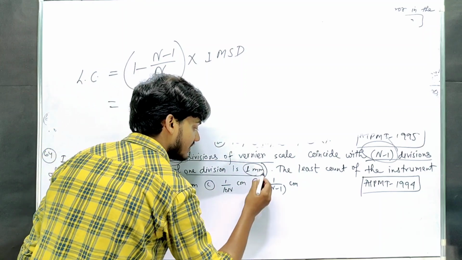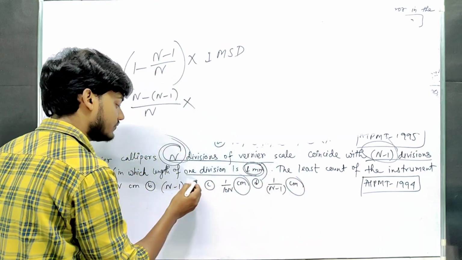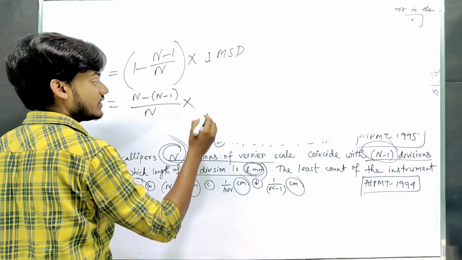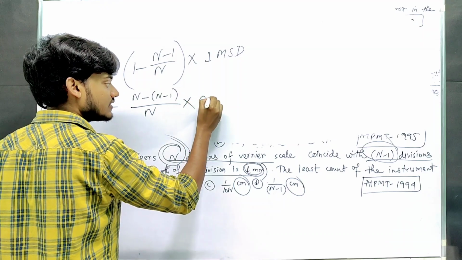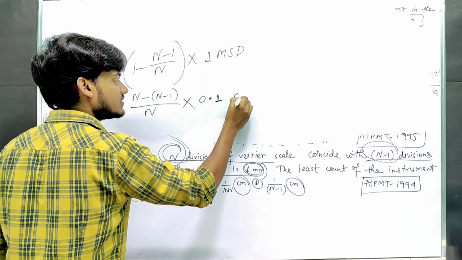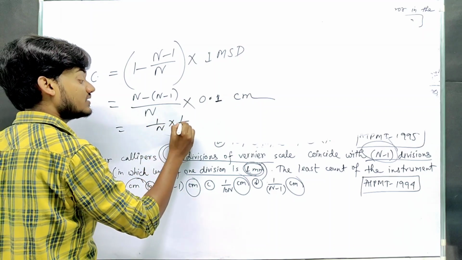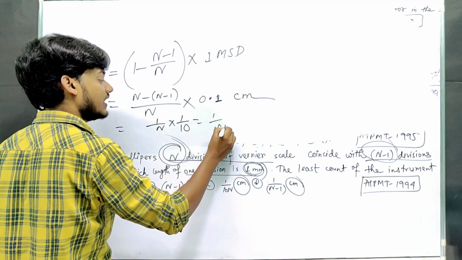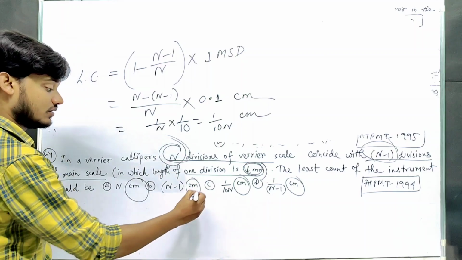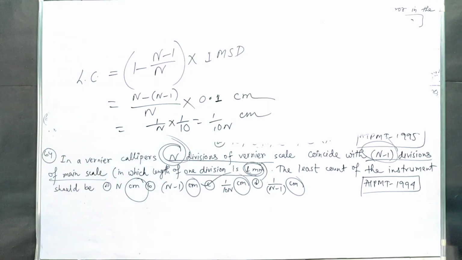One division is 1 millimeter, but the answer is in centimeter, so we have to write it in centimeter. So 1 millimeter equals 0.1 centimeter, yes or no? 0.1 centimeter. n cancels out, 0.1 means 1 by 10, so 1 by 10 and centimeter. This is the right answer. Option C is right. Okay.